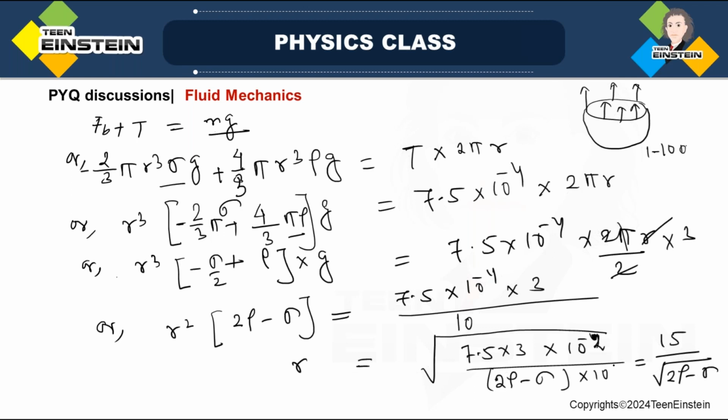So in between I have jumped one step, you can just do it later on. So this will be in centimeter. Okay, 15 by square root of 2 rho minus sigma.